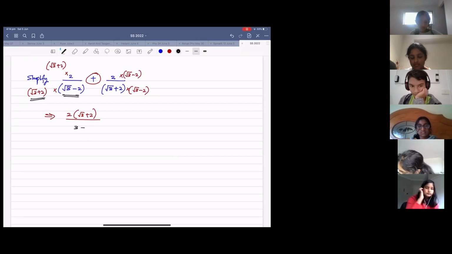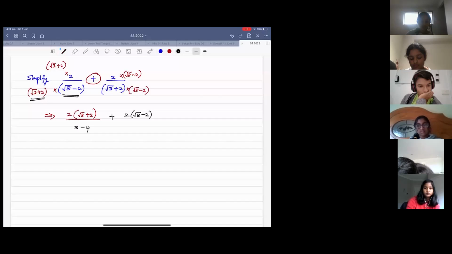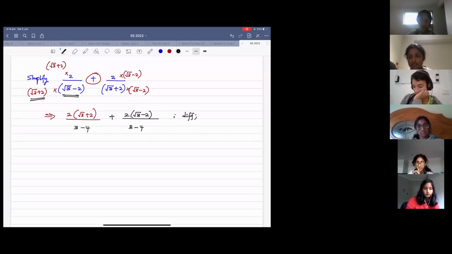So it's going to be 3 minus 4 plus 2 times square root 3 minus 2, divided by difference of square 3 minus 4. Okay. So common denominator and difference of square. Difference of square is used here. Then you can further simplify.